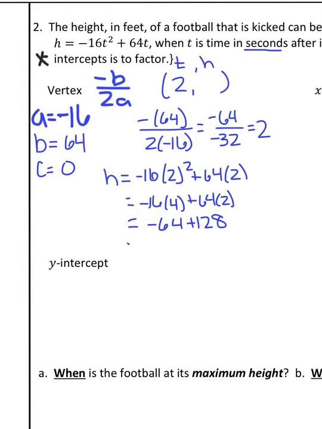So then h equals 64. So there's my vertex, 2, 64. 64 feet high in 2 seconds. And it's the vertex, so that means it is the maximum height. Okay, all right, now we found the vertex. Let's go over and find x-intercepts.